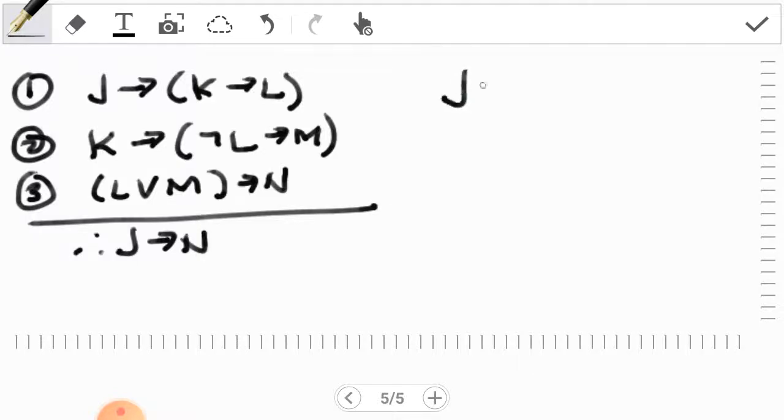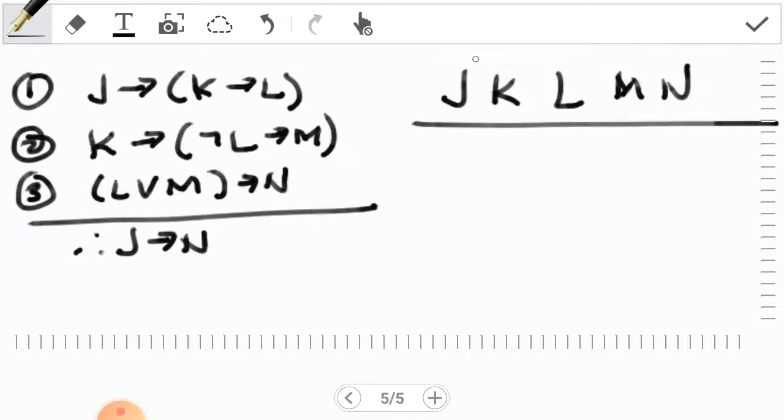We have J, K, L, M, N. Five propositions all in all.